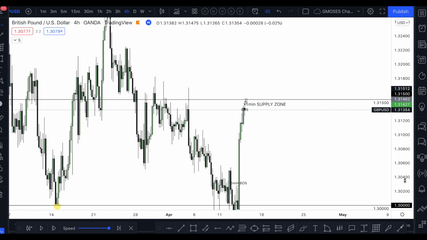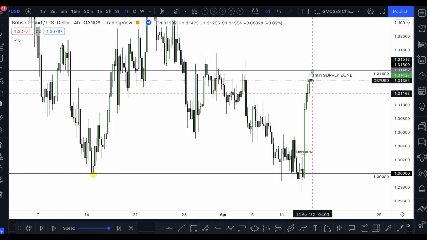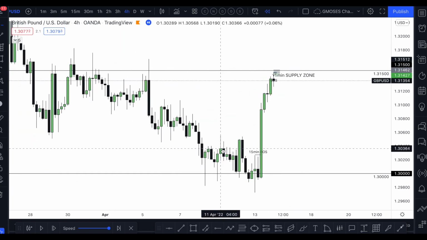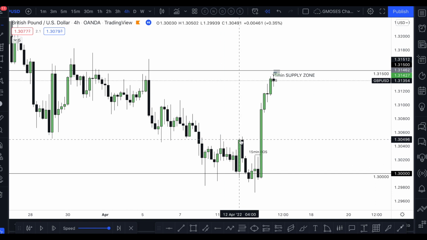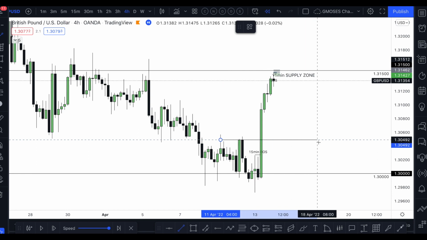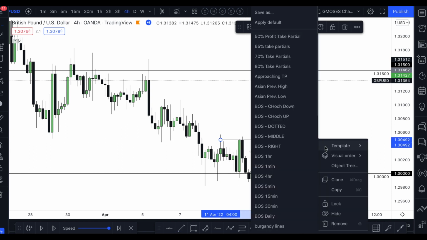If you guys notice, we talked about mid levels. In this area, price action is respecting this mid level, which is this 1.30500 area. So this area here, I wanted to look for my potential take profit.